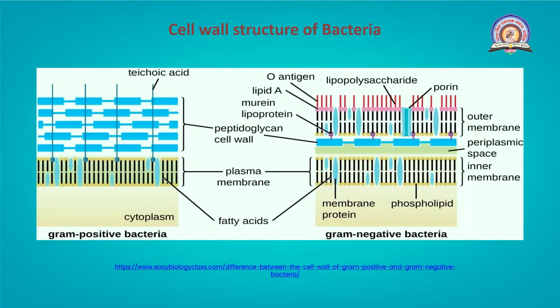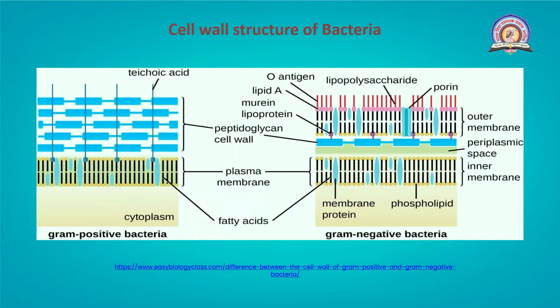Now here we can directly see the difference between gram positive and gram negative cell walls. The rightmost side is the gram positive cell wall and the left one is the gram negative cell wall. We can see how simple the gram positive cell wall is and how complex the gram negative cell wall is.